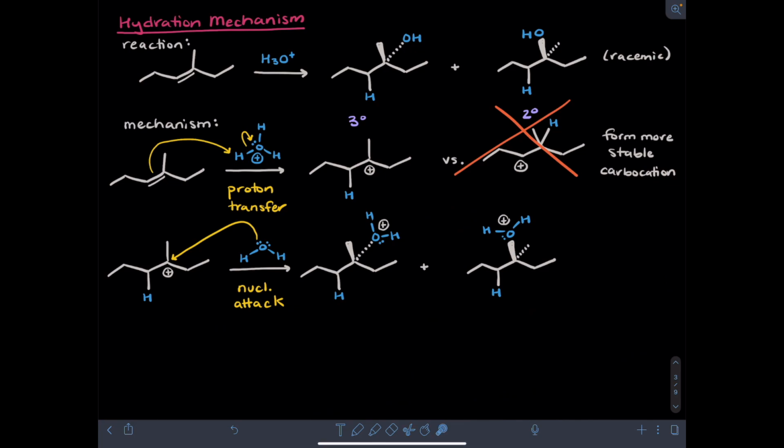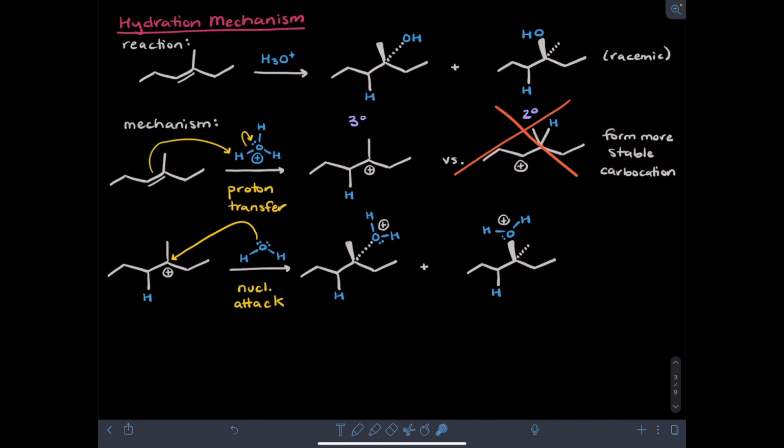Notice that with the oxygen added to it, the carbon that was formerly the carbocation is now chiral. Because the carbocation intermediate was planar and sp2 hybridized, you can consider water as the nucleophile adding from either above or below.